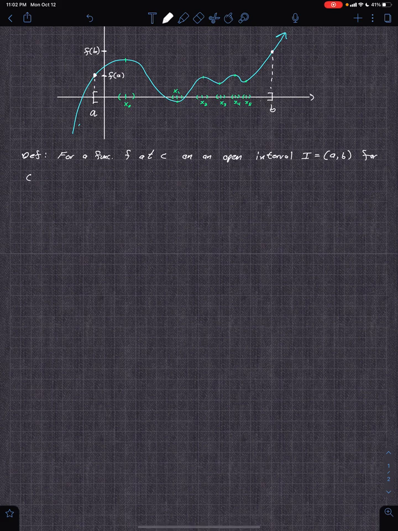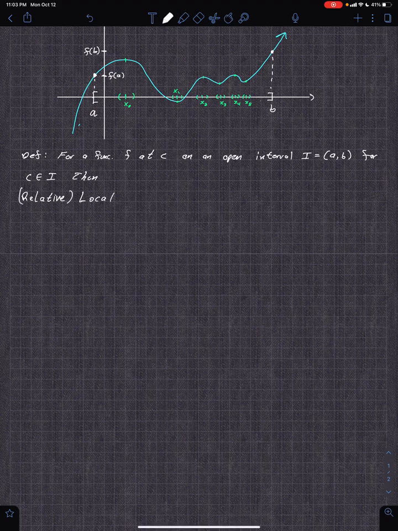Okay, so for c in I, then we have what's called a relative or local max or min.